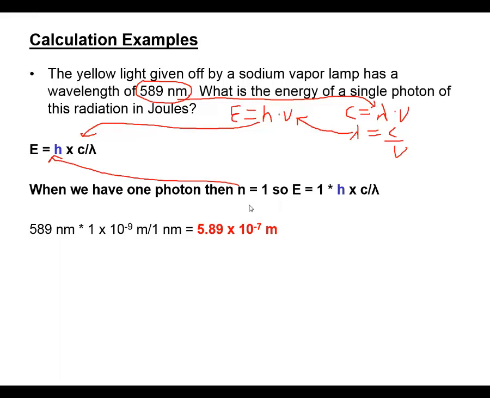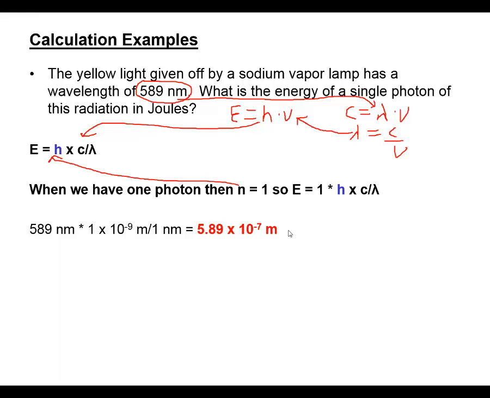Now I need to convert my wavelength to meters so that we can use the speed of light constant in meters per second. So I have 589 nanometers. I know there's 1 times 10 to the negative 9th meters for every 1 nanometer, so that's going to be equal to 5.89 times 10 to the negative 7th meters. That's how many meters I'm dealing with in this case.